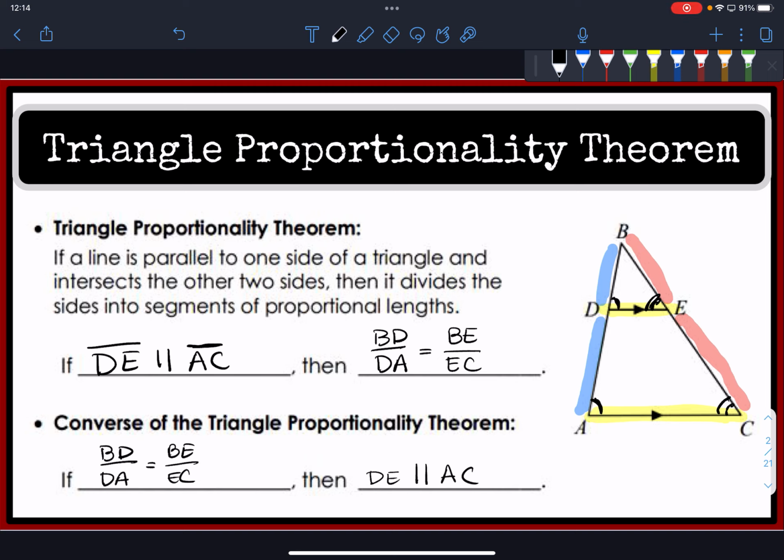So if we know that these are proportional and we know this is parallel, then that simply tells us that angle A is equal to the measurement of angle D, which means they're congruent, just like angle E is going to be congruent to angle C. So using that idea, we're going to figure out some missing links.